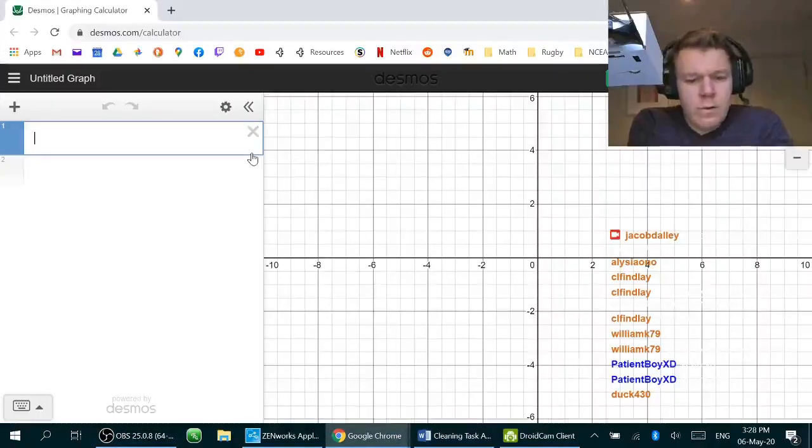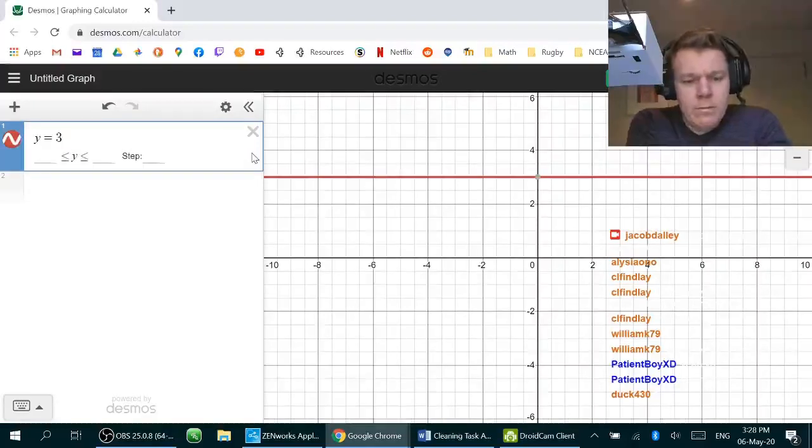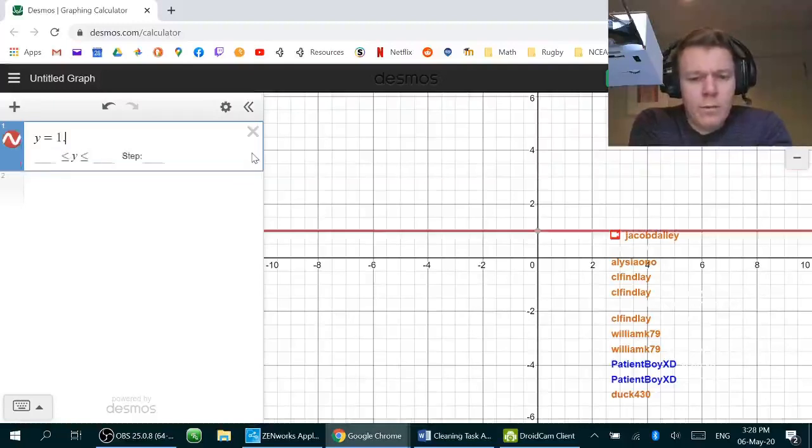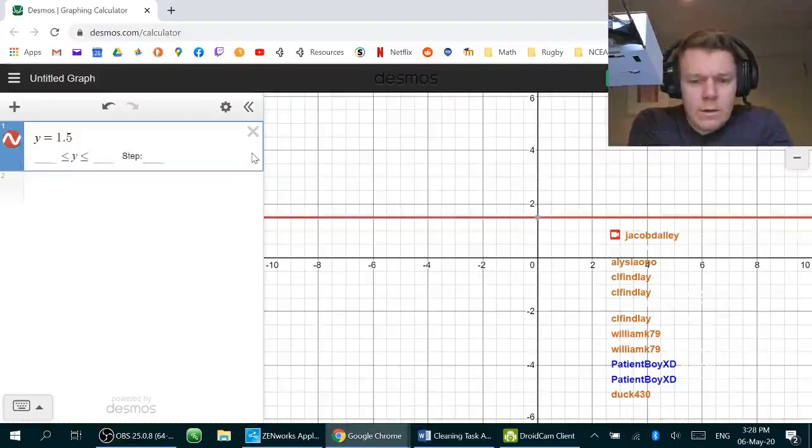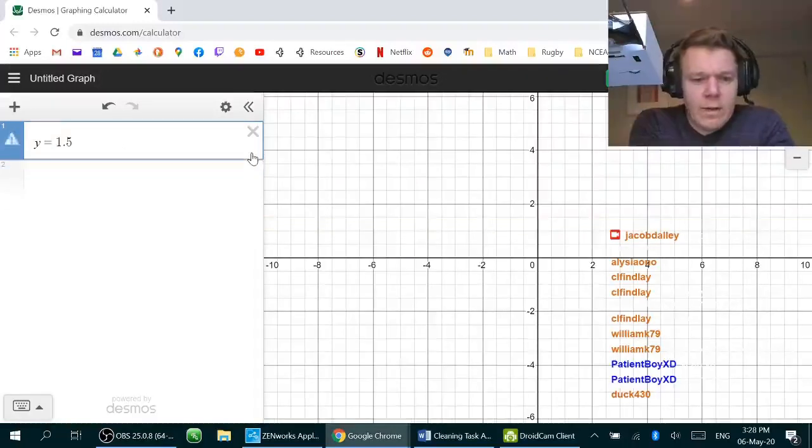So if we have an equation y equals, well, let's go 1.5 to the power of x, it looks like that.